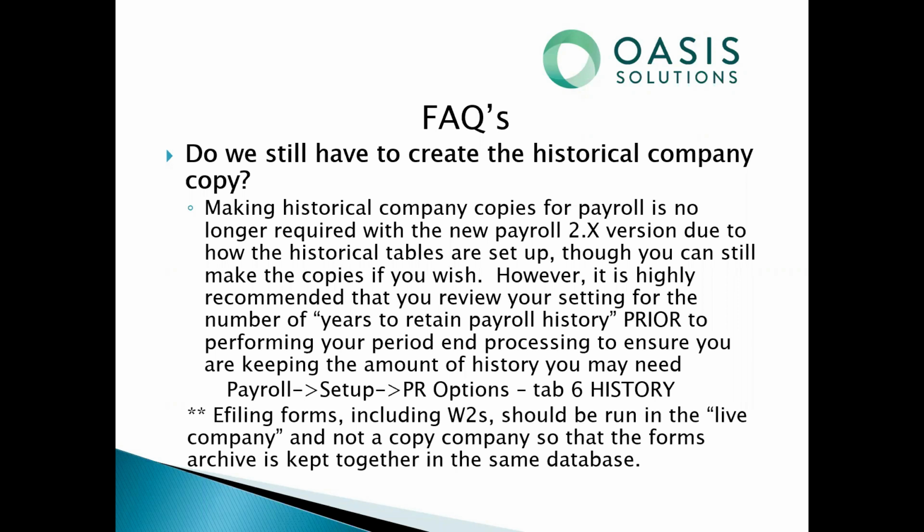If you do it from your live company, you always have those records all together in the same archive and they're not split up. And that helps ensure that you're not inadvertently getting rid of any of your old archives. So just throwing that out there, process your Atrix e-filing from your live company.